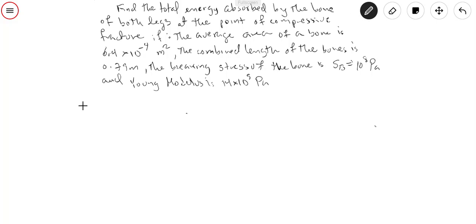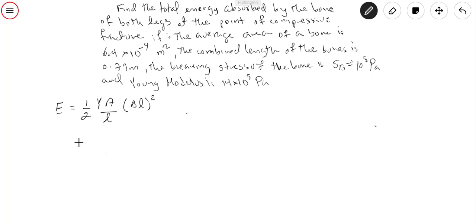So the formula to find this total energy absorbed by the bond at the point of compressive fracture for one of the labs is going to be equal to 1 over 2 times the modulus of Young, times the cross-sectional area of the bond divided by the length of the bond, multiplied by the variation in length squared of the bond. Of course, this variation is due to the force that is acting on the bond, the compressive force.